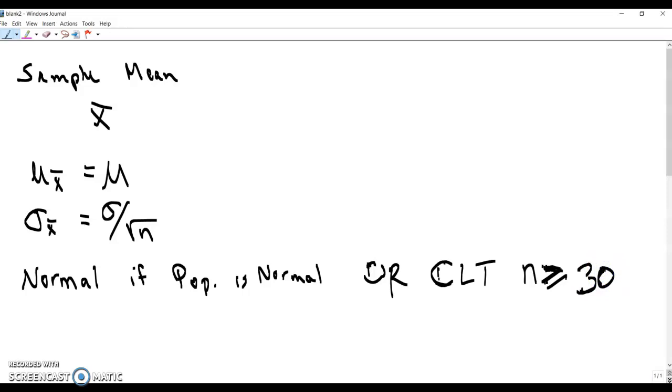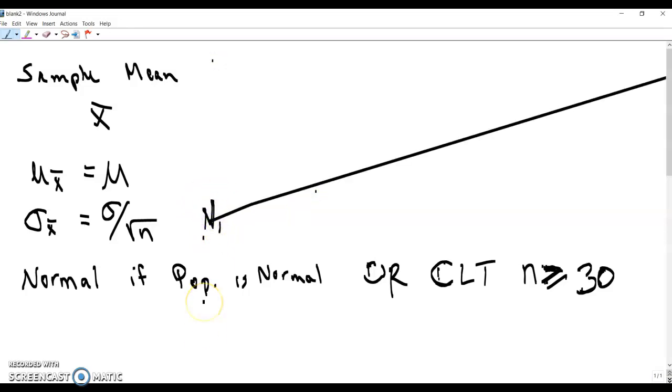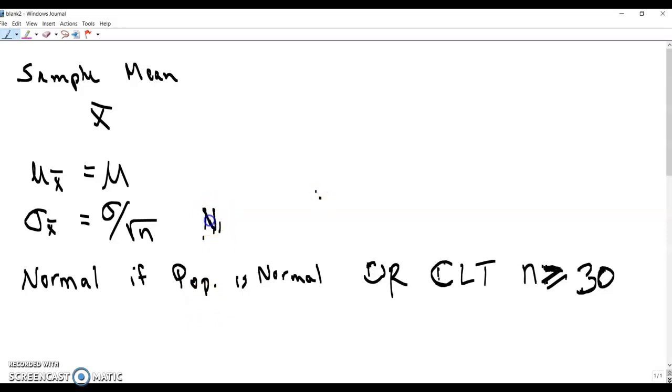Also of note, because we're sampling without replacement, we need the population to be at least 10 times the sample size.